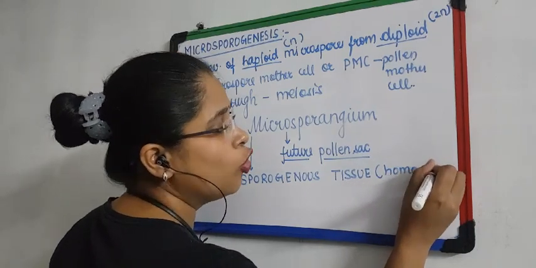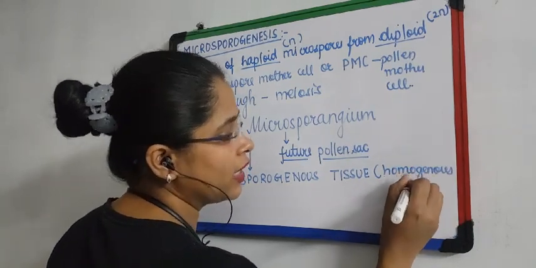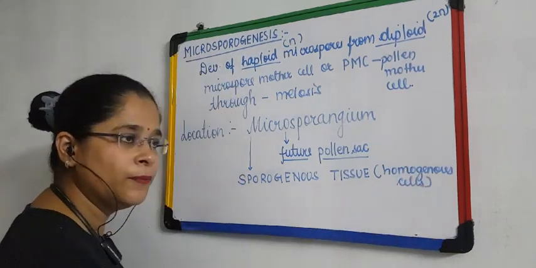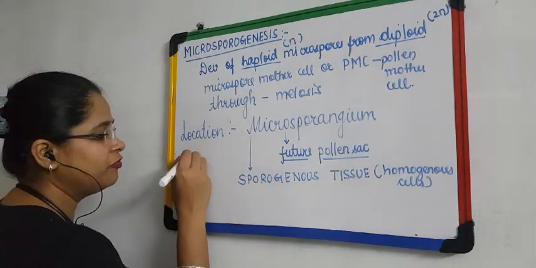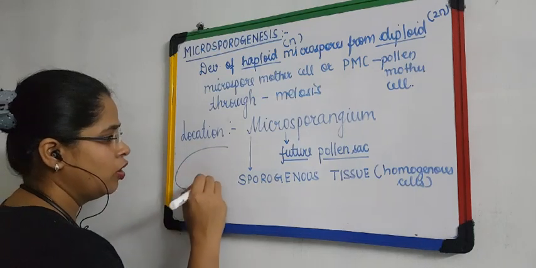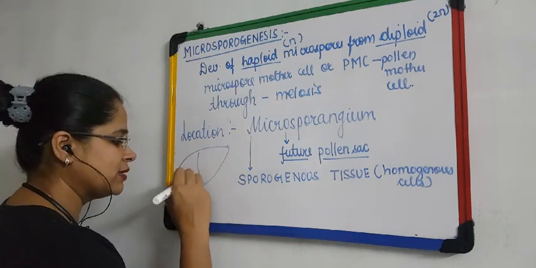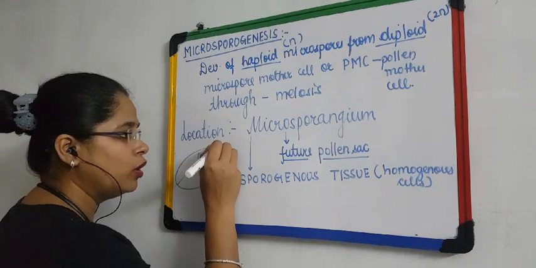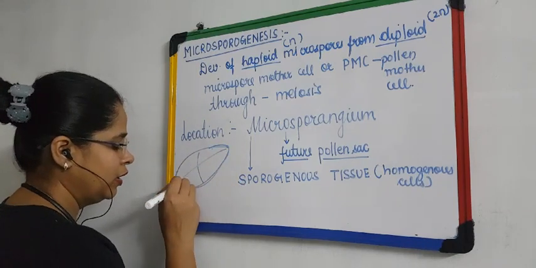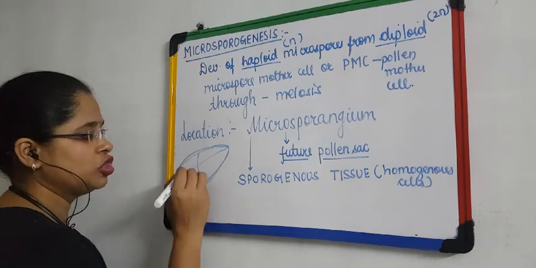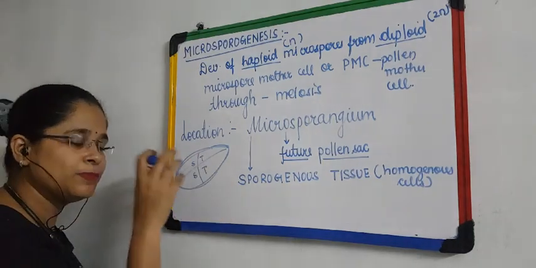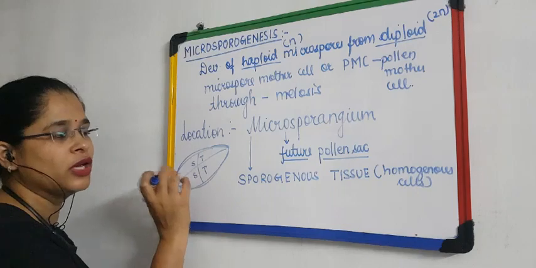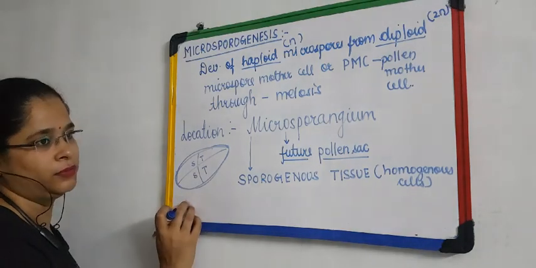They are all homogeneous, one type of cells. Clear? These sporogenous tissues fill up the pollen sacs inside the anther. The sporogenous tissue fills up the space, the chambers in the anther.